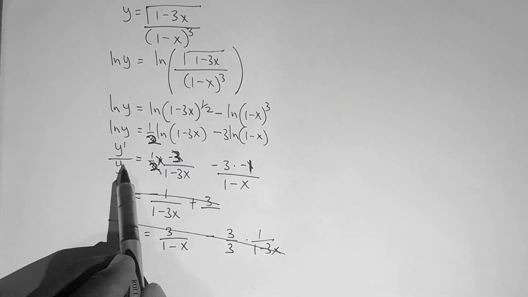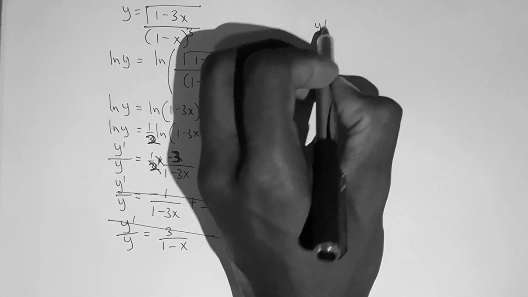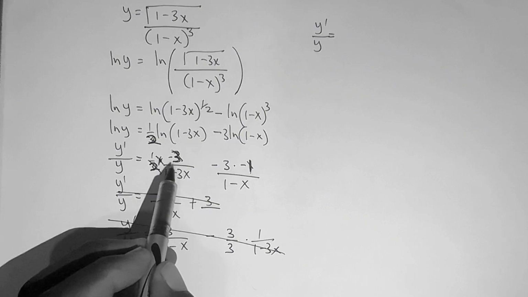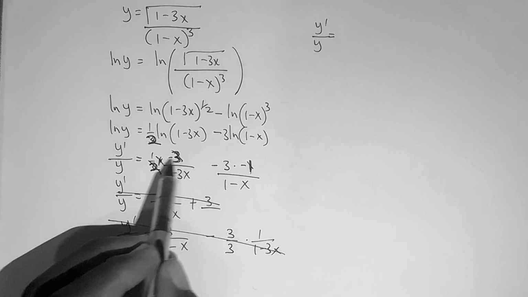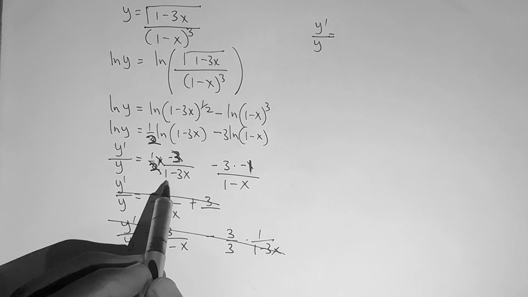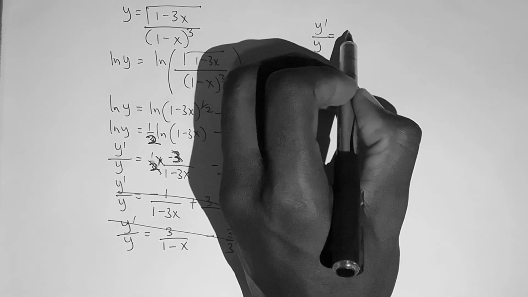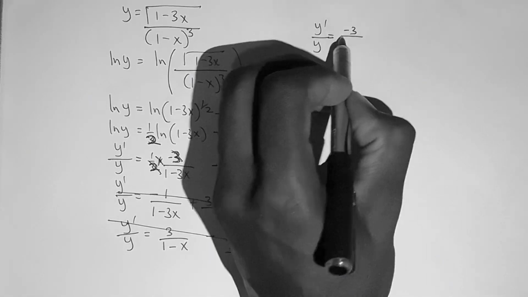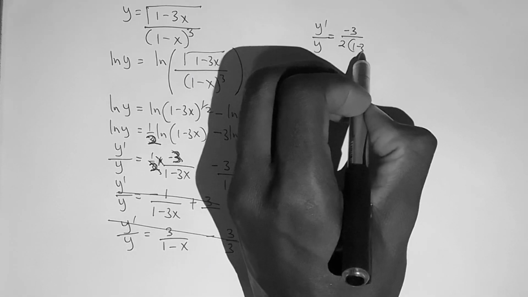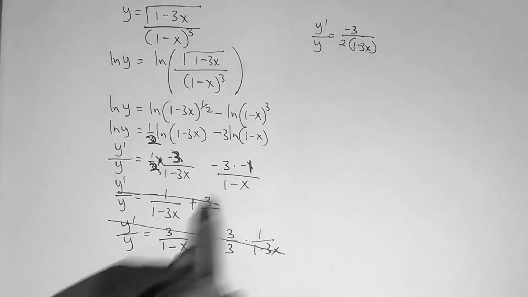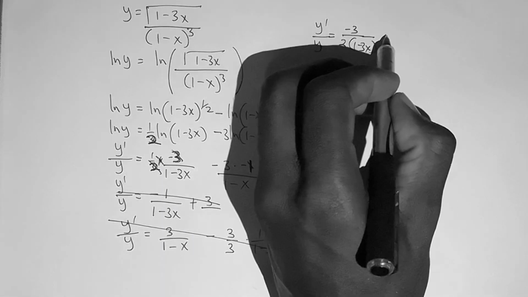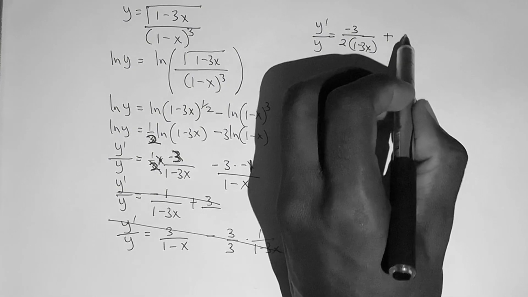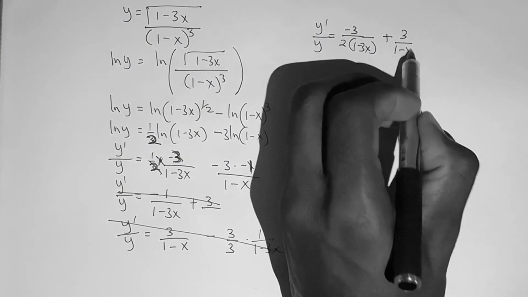So continuing from this side, this becomes y prime over y equals. Now, if you multiply 1 over 2 by minus 3 over 1 minus 3x, it becomes minus 3 over 2 times 1 minus 3x. Then this side becomes plus 3 over 1 minus x.